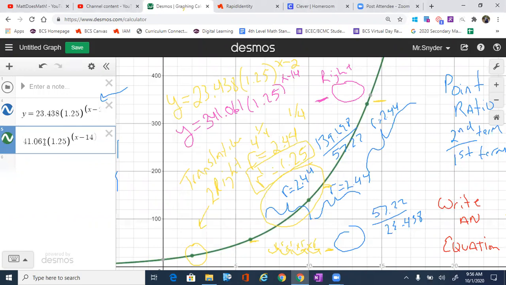So the question is how many ways can we write this equation for this exponential curve? Millions, infinite ways, because there are so many points we can write the equation from, just as long as we shift it in the right direction and use the ratio that represents the individual unit from term to term.